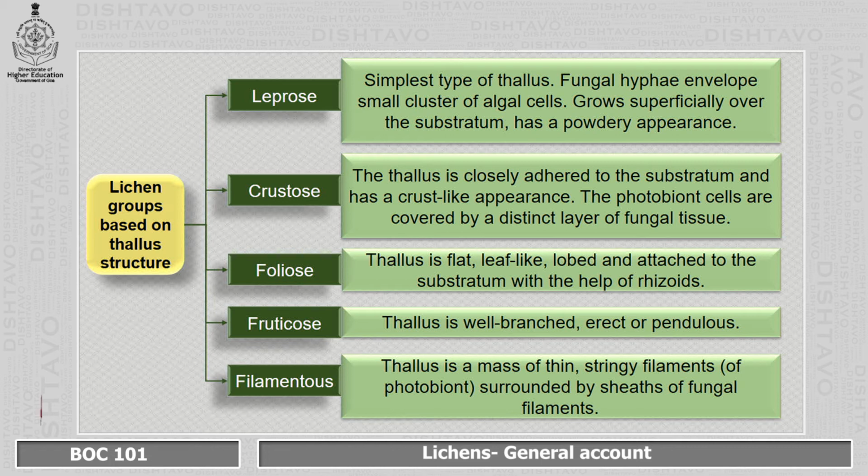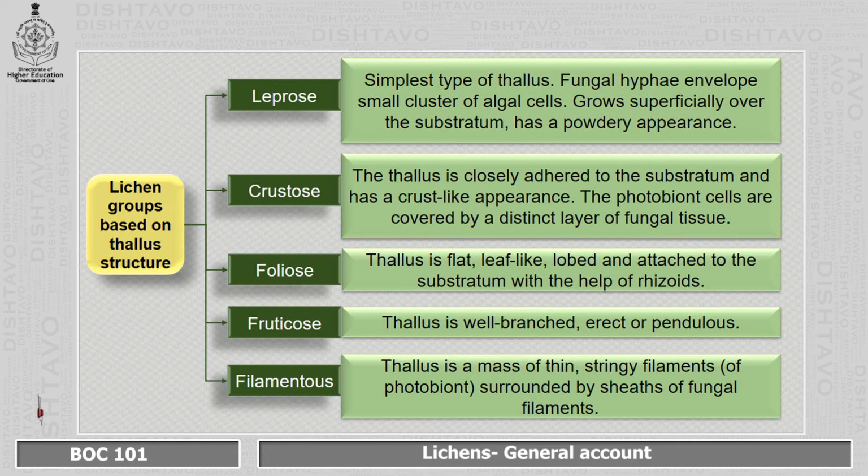They have a powdery appearance. Next is a crustose lichen, wherein the thallus is closely adhered to the substratum and has a crust-like appearance. The photobiont cells are covered by a distinct layer of fungal tissue.